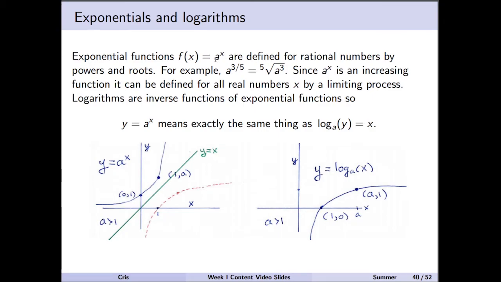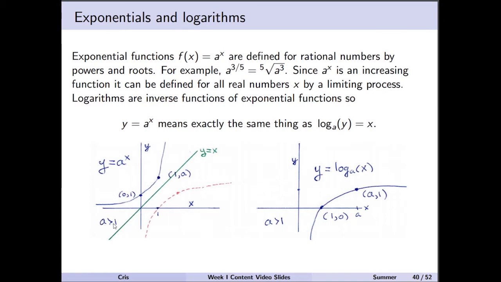And we know what these are equal to when the exponent is a rational number. Right? A to the 3/5 means take the 5th root of a cubed. So you can plot all the points on an exponential graph for rational values of x. And you see that this gives an increasing function. And because it's an increasing function, we can use a limiting process to get a continuous curve that represents the exponential function for any exponent x.